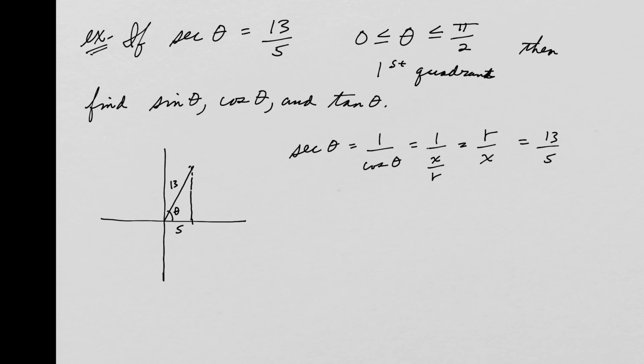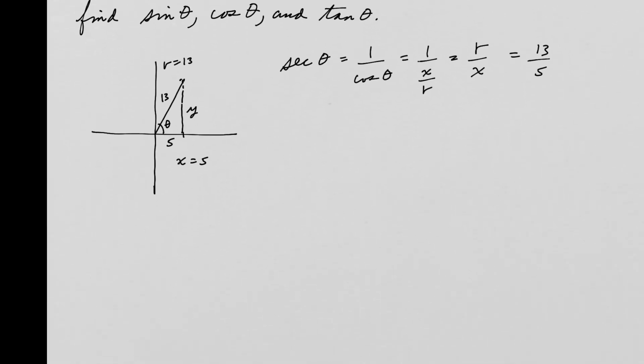So I know r is equal to 13, x is equal to 5. I could find y there, right? Because I have a right triangle. I could just use the Pythagorean theorem. If I extract out that right triangle, if this is 5, this is y, and this is 13, then I know that 5 squared plus y squared is equal to 13 squared.